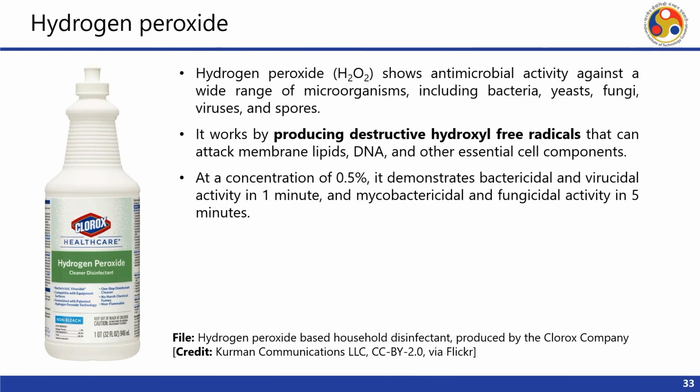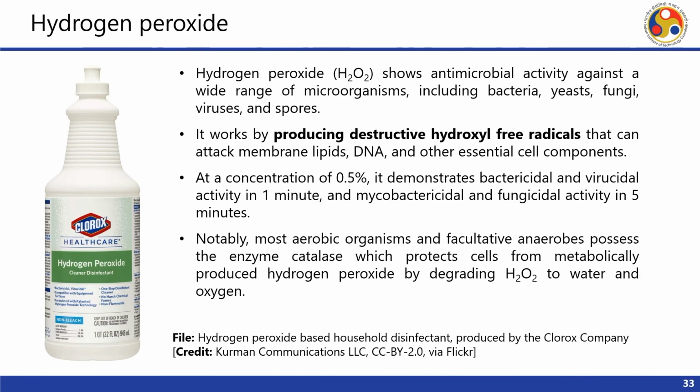It demonstrates bactericidal and virucidal activity in 1 minute, and mycobactericidal and fungicidal activity in 5 minutes. Notably, most aerobic organisms and facultative anaerobes possess the enzyme catalase, which protects cells from metabolically produced hydrogen peroxide by degrading hydrogen peroxide to water and oxygen.